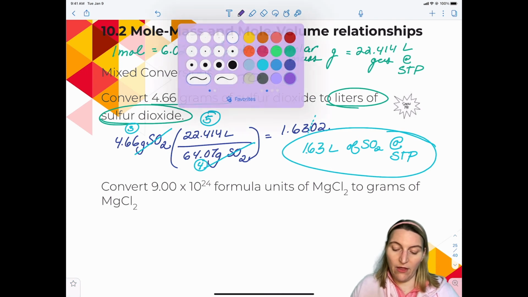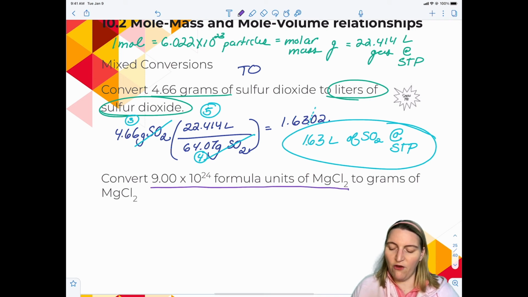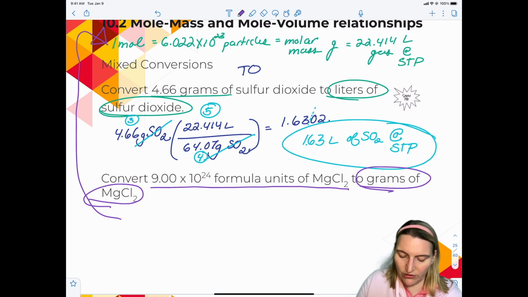Okay, here's another problem. Convert 9.00 times 10 to the positive 24 formula units of magnesium chloride to grams of magnesium chloride. Right, so remember we're still using these kind of 4 conversion factors here. I take the number that I want to convert and I put it out front. Formula units of magnesium chloride.